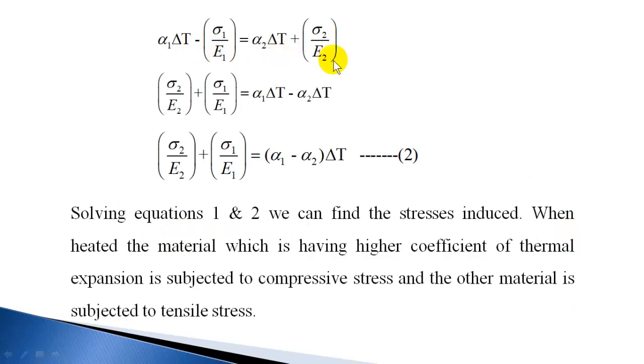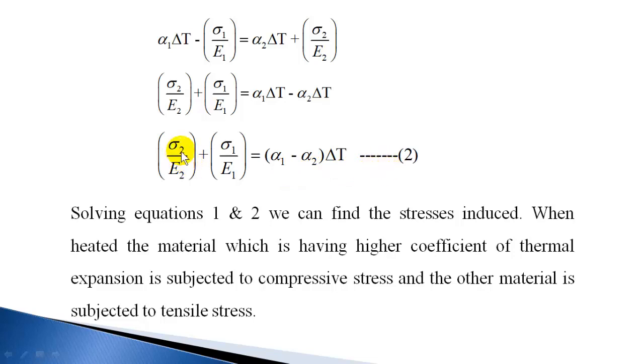So the same equation I have written after cancelling the L common factor, and now I am taking the stress terms to one side. Sigma 1 by E1 plus sigma 2 by E2 is equal to alpha 1 delta T minus alpha 2 delta T. So sigma 1 by E1 plus sigma 2 by E2 is equal to alpha 1 minus alpha 2 into delta T, and that is the second equation.